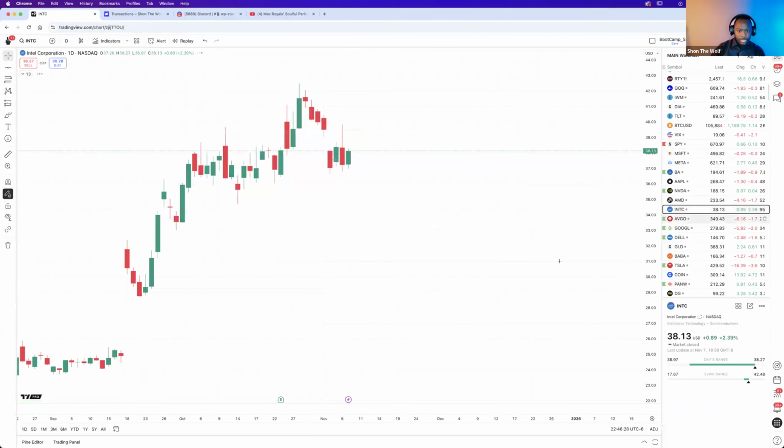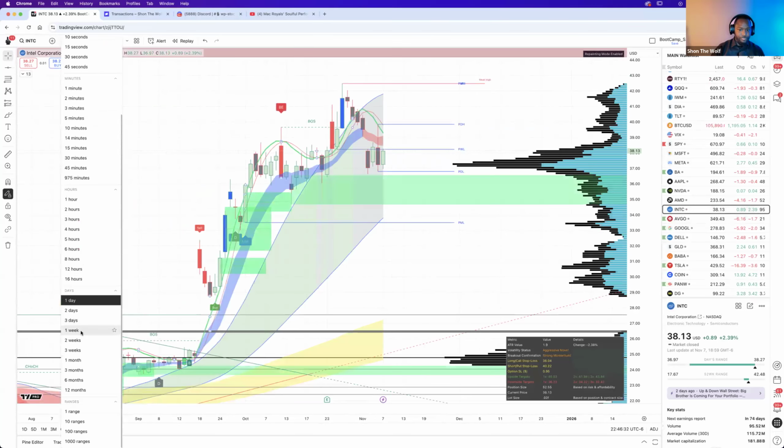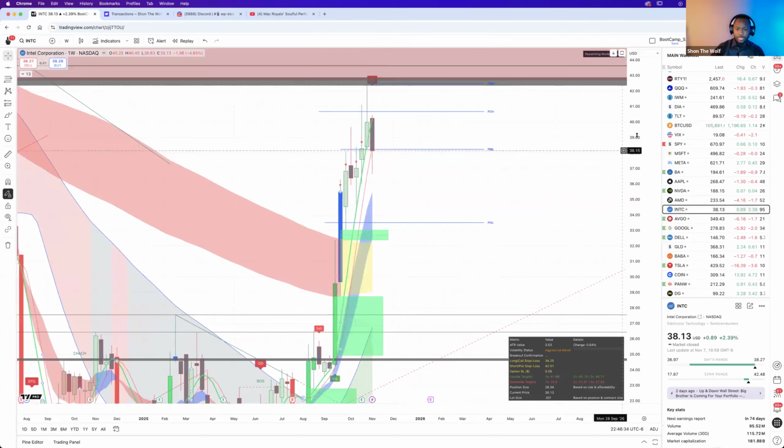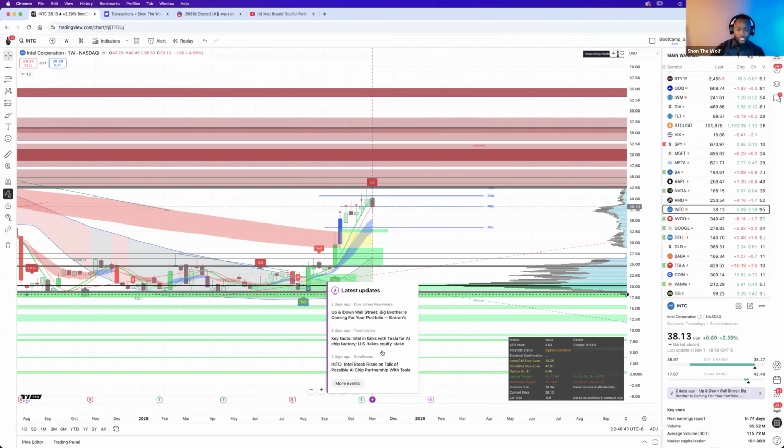Intel, let's look at them on a weekly chart. So I think this might have been the news, the reason why Intel was just sitting rock solid and why everything else was tanking. You've got to think about it.